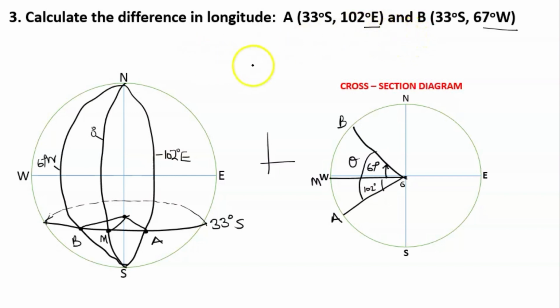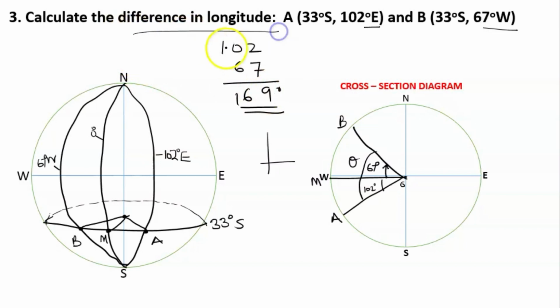Since they are not the same, what I need to do now is to add them together. Just like I told us before, once they are not the same, you add them. So 102 added to 67 gives us 169 degrees as the difference in longitude between these 2 points.